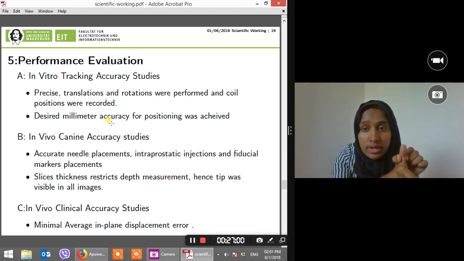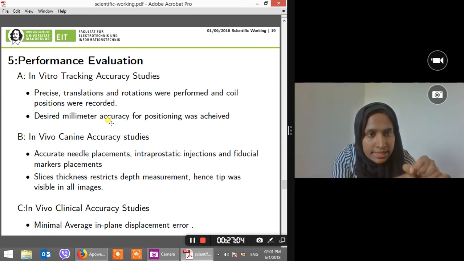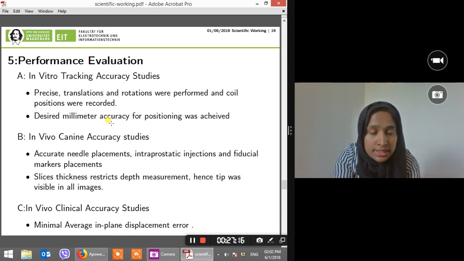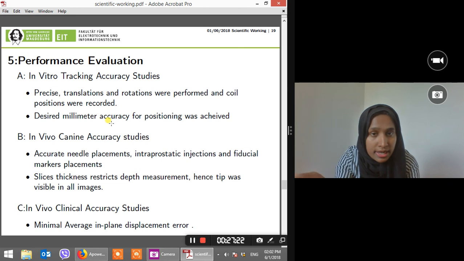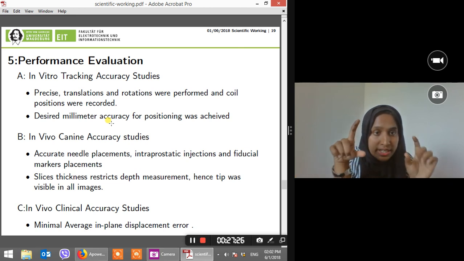For in vivo canine accuracy studies, accurate needle placement was achieved: the needle was placed on the target, injection and fiducial marker placement were done, and the tip was visible in all imaging. This means that we did accurate imaging and accurate needle placement, and what we wanted to do, injection and marker placement, we did.